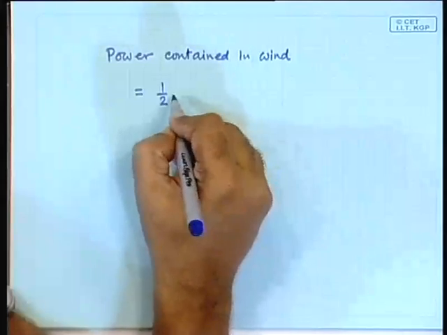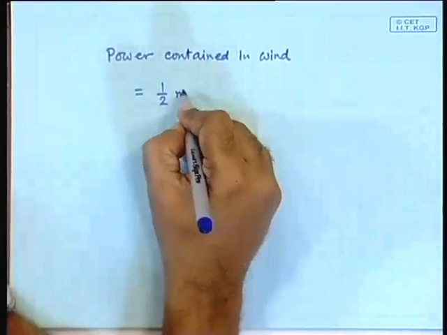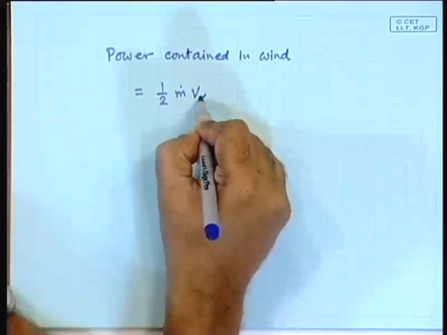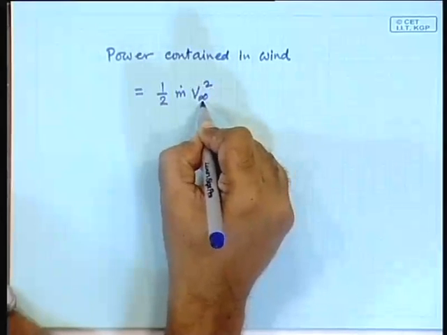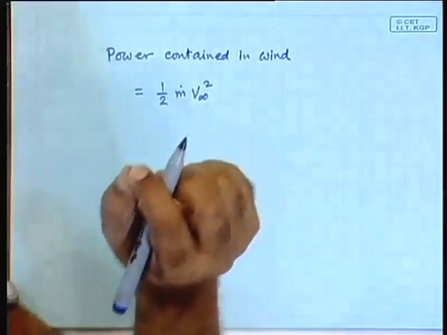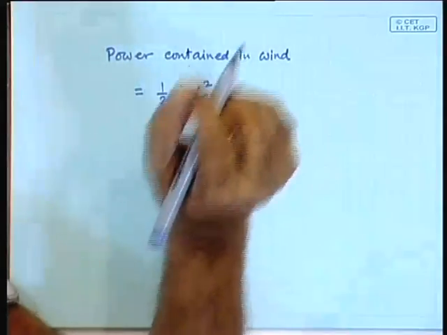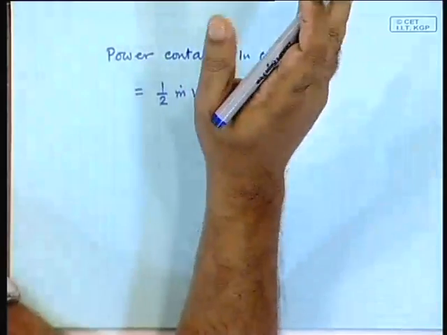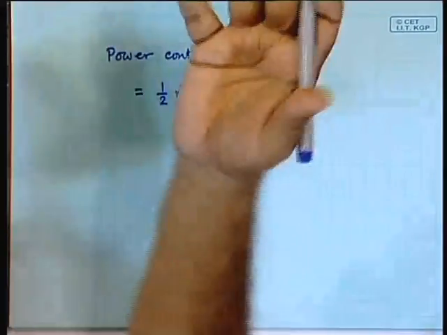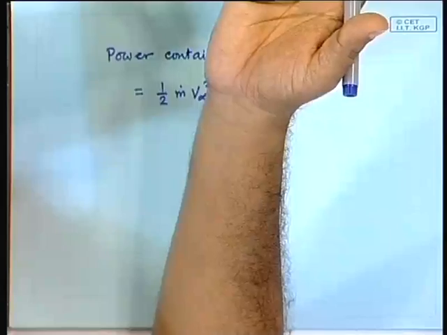So, this is half, power, so it has to be m dot V infinity square. V infinity is the speed of wind when it is undisturbed by anything. That means, if you are placing a wind turbine, obviously that causes a disturbance, changes the wind speed, and we are not talking about that.